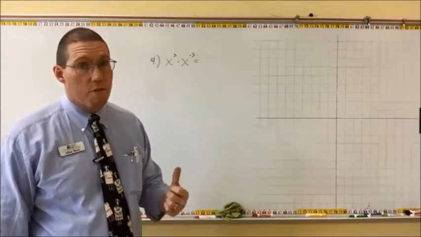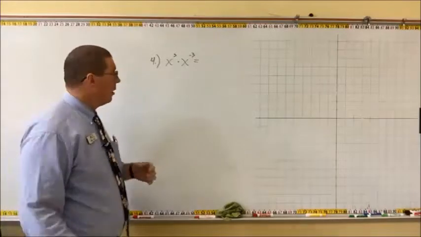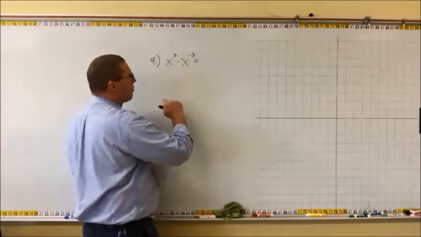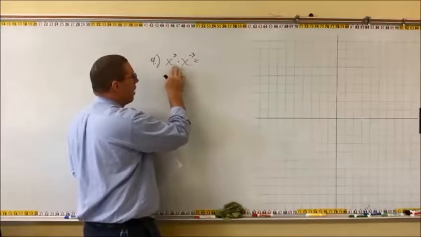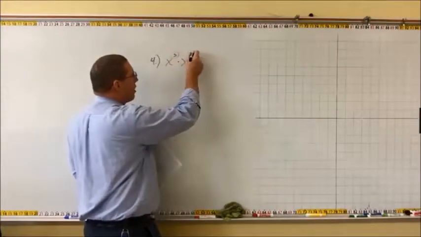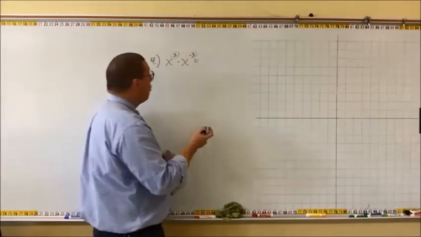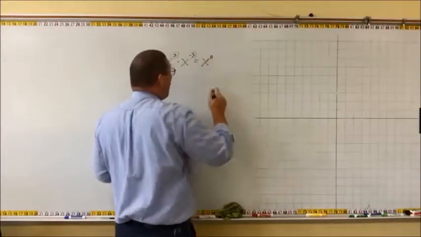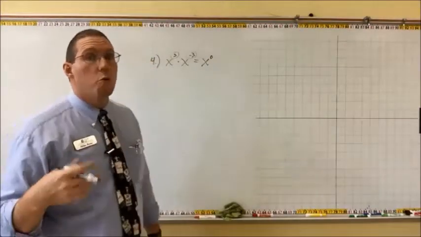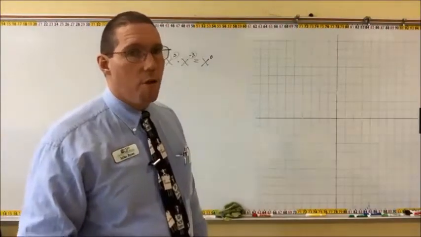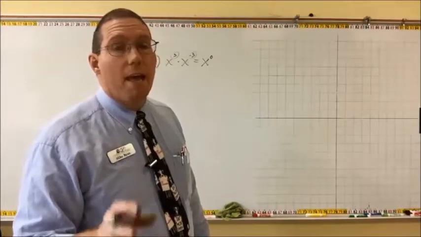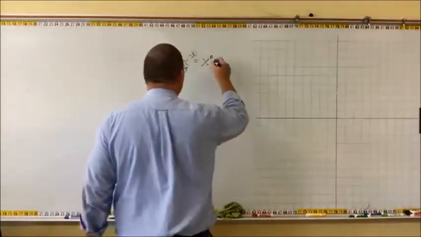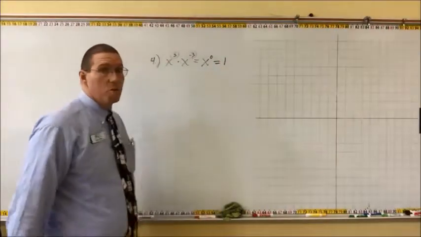So if you can reduce this to a number, which you can, just like question number 1, we would add the exponents, since we're multiplying a common base. 3 plus negative 3 is 0. So this is x to the 0 power. But we're not done, because what is anything to the 0 power? Except for 0, anything to the 0 power equals 1. And so you should have written that the answer to this is 1.